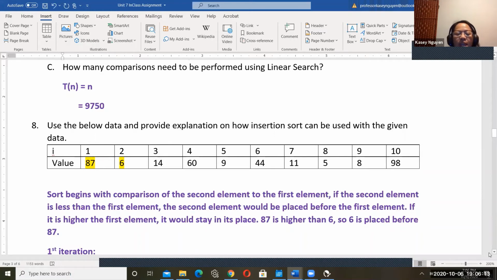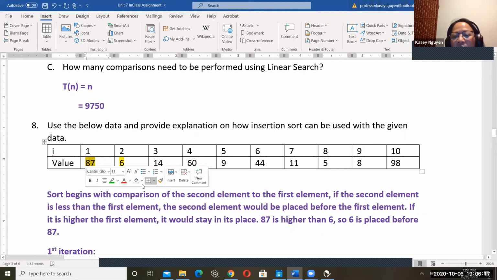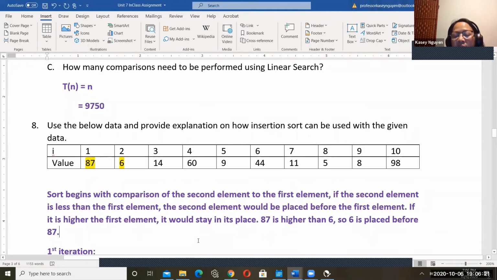So we would begin with the numbers 6 and 87 compare. I put that the sort begins with the comparison of the second element to the first. If the second element is less than the first, the second element would be placed before the first element. If it is higher than the first element, it would stay in its place, and 87.